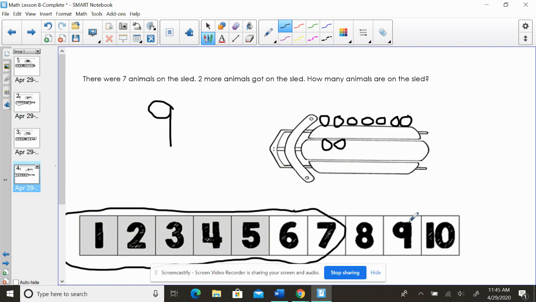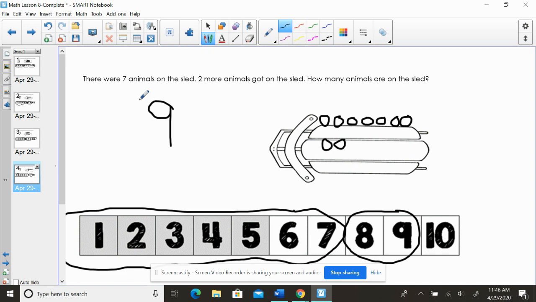So now I'm going to circle 2 more. 1, 2. Does this number match the number up here? It sure does. So we know the answer is 9 animals on the sled.